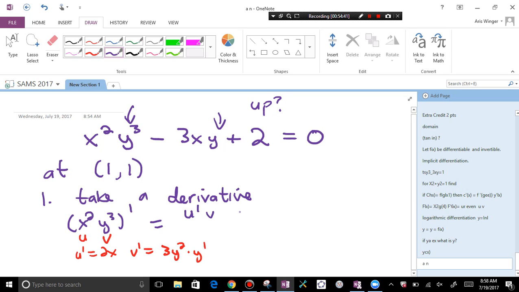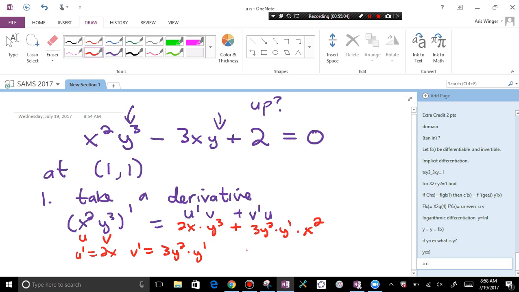U prime v plus v prime u turns out to be, u prime is 2x times v is y to the third plus v prime, where's v prime? There it is, 3y squared times y prime times u, which is x squared.